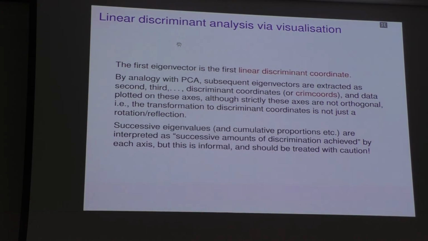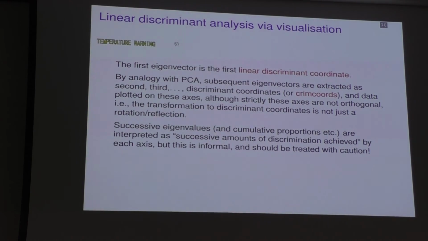And so while I'm here, again by analogy with principal components analysis, you can try and interpret each of the linear discriminant coordinates in terms of the original variables. But here, unlike a PCA using the correlation matrix, there's not any normalization going on.